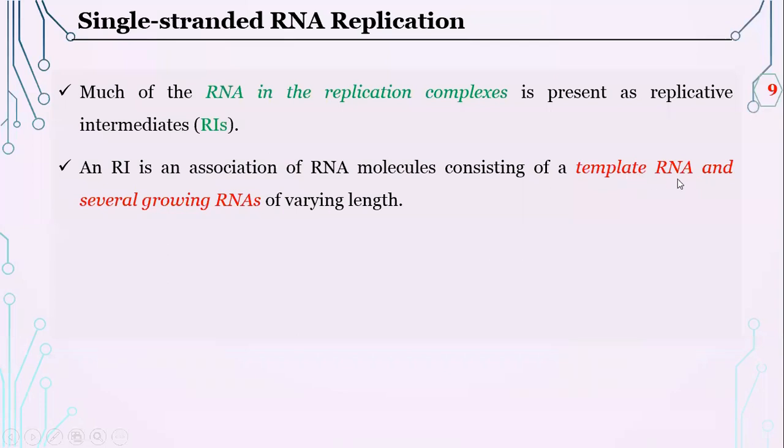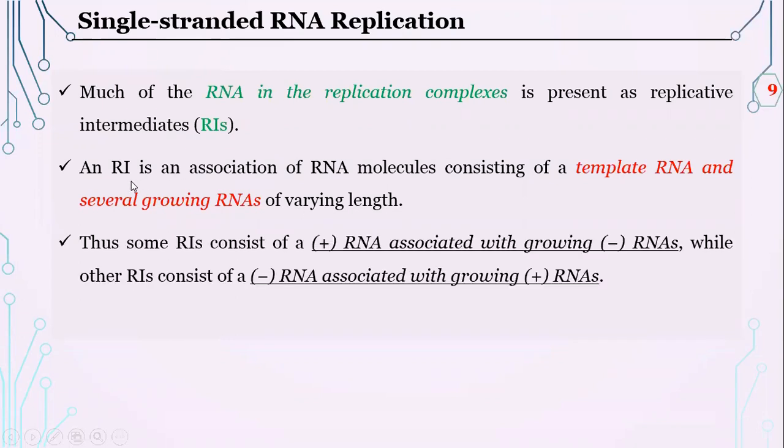These will be the templates of RNA and several growing RNAs. So an RNA with several growing RNAs of varying lengths can be a replicating intermediate.